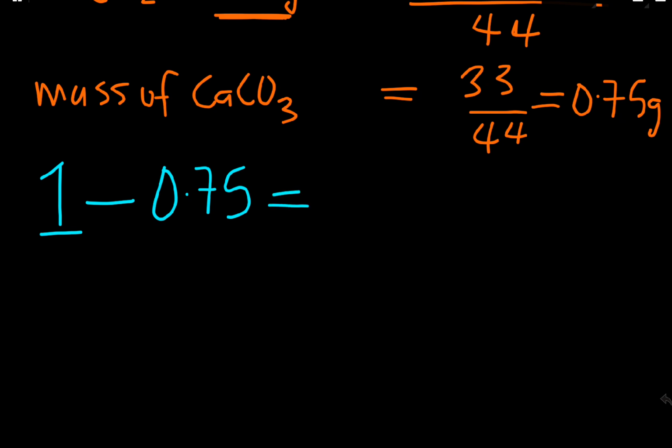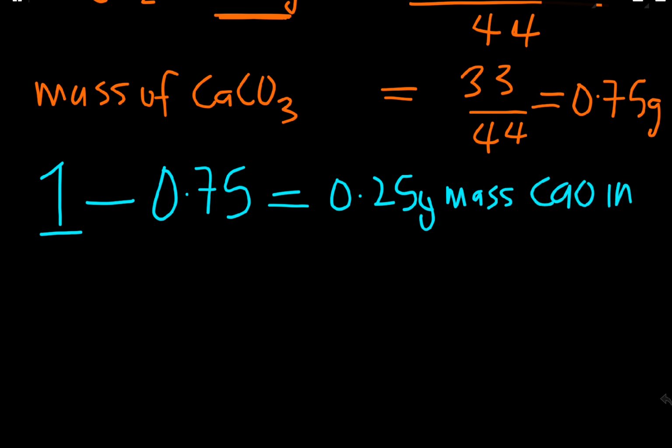If you minus this, you get 0.25 grams. This is now the mass of calcium oxide in the mixture.